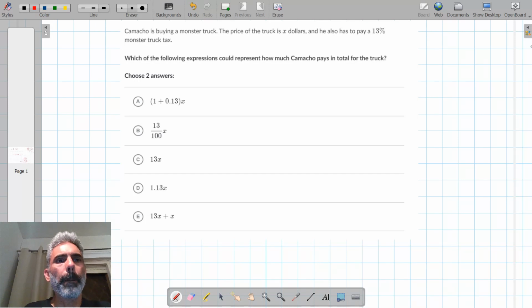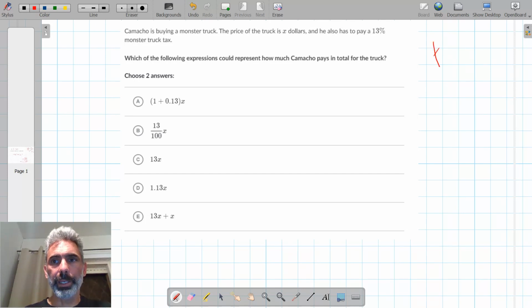Camacho is buying a monster truck. The price of the truck is X dollars, and he also has to pay 13% monster truck tax.